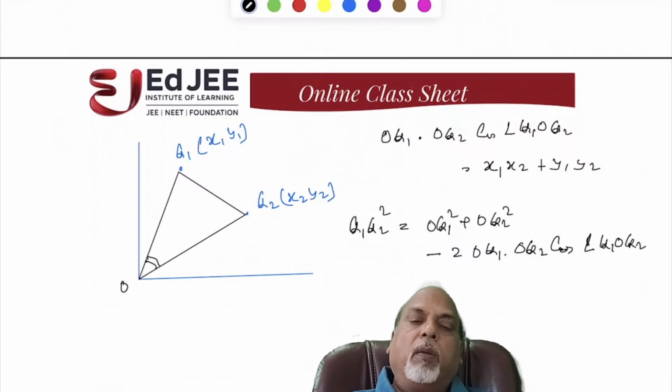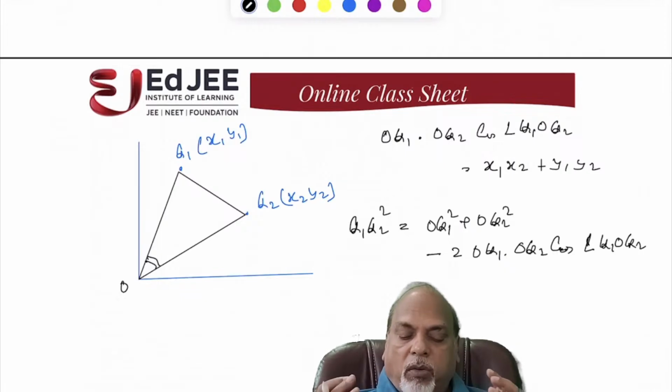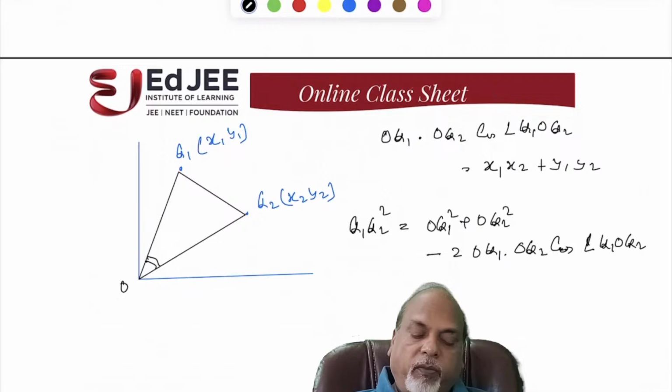Correct? You must have seen how to find out the resultant. If there are two vectors and the angle between them is theta, this is minus because we are finding out this. It is not like this.